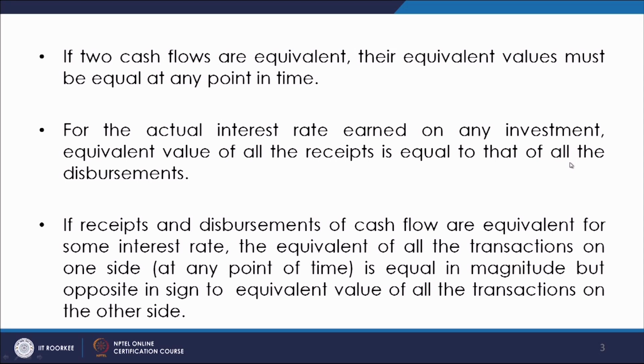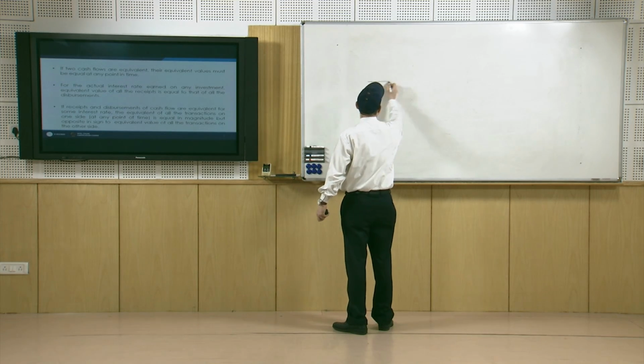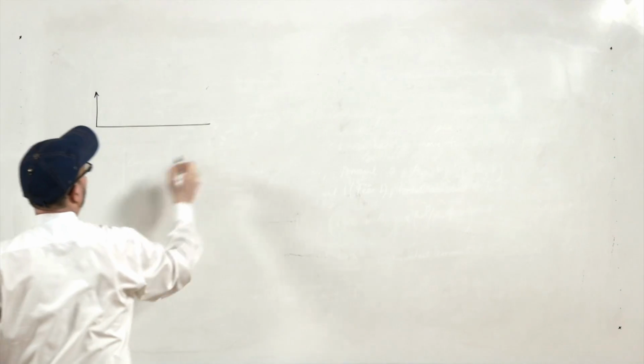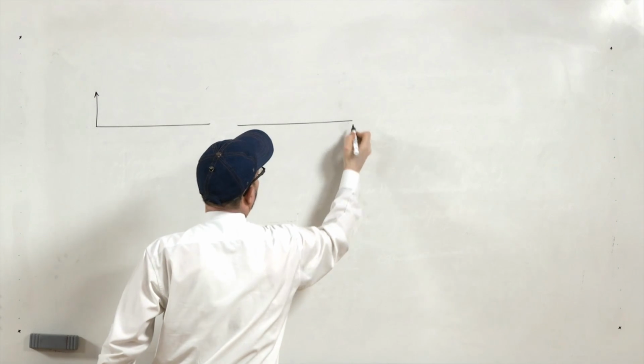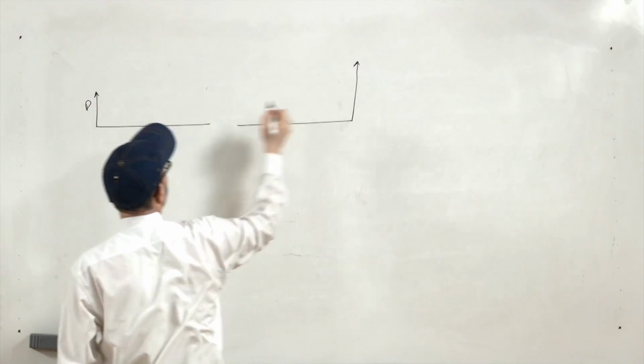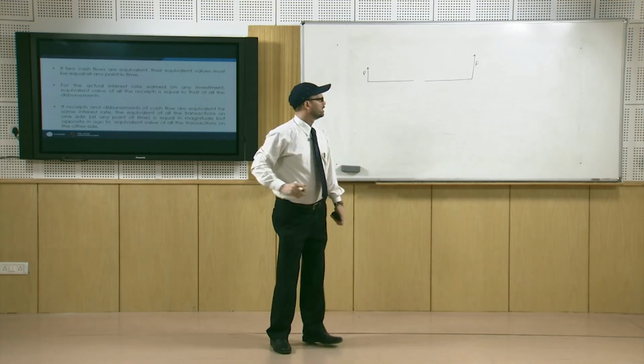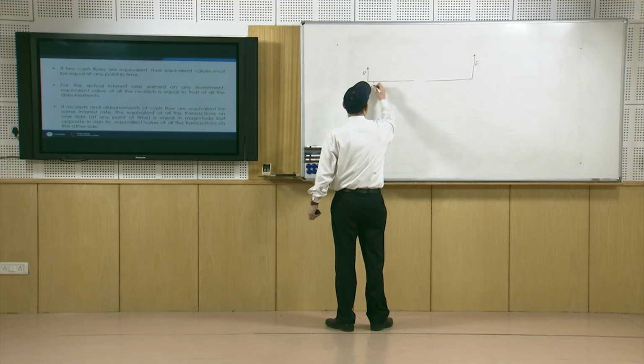Now, there are other principles of equivalence for cash flows. If two cash flows are equivalent, their equivalent values must be equal at any point in time.